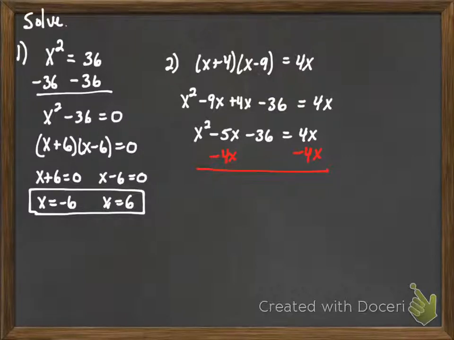That gives me the equation x squared minus 9x minus 36 equals 0. So my equation now is equal to 0. At this point, I can begin to try and factor the equation.